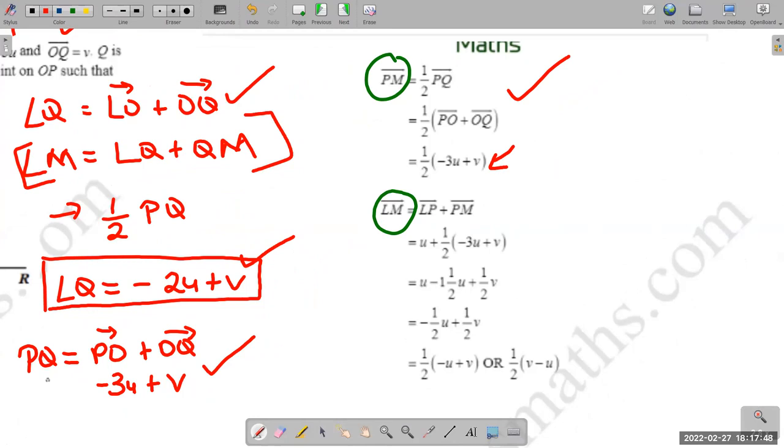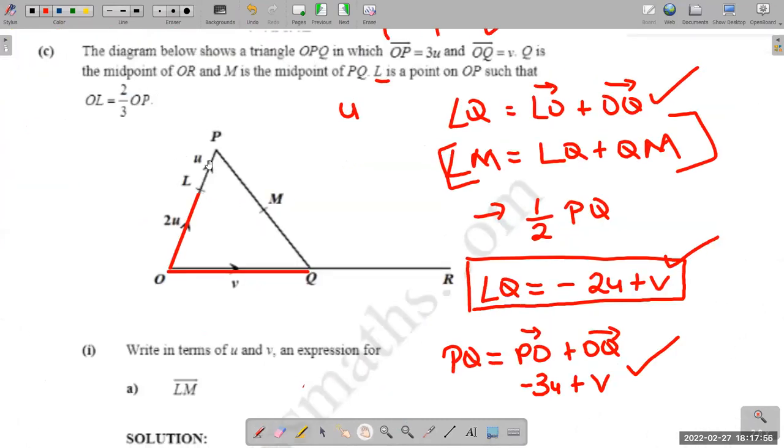Everybody realize that? They went and found LP and then PM, which isn't bad. Which one would y'all have preferred to find? Because that's an interesting thing I want to find out. Which one would you have preferred?